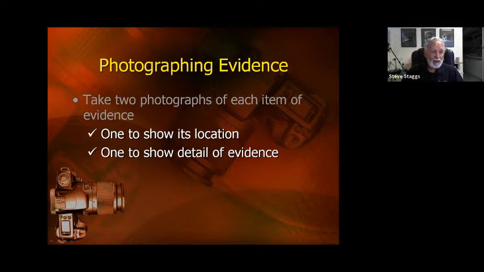Now that I say that, let's think this through a little bit. Let's say I have 5 cartridge cases all in a small area in my crime scene. If I have 5 cartridge cases, am I telling you you have to take 10 photographs? No. You could just take 6 photographs, one that shows where all 5 of them are located within the scene.